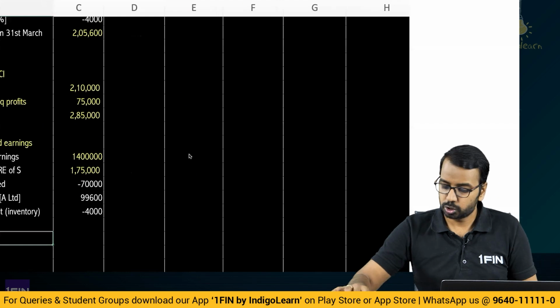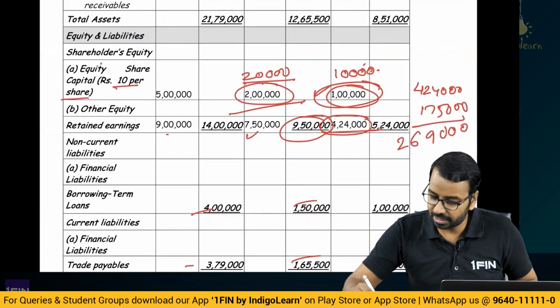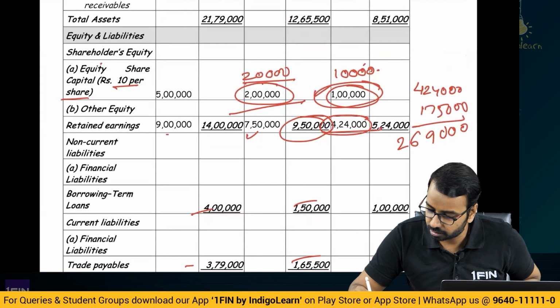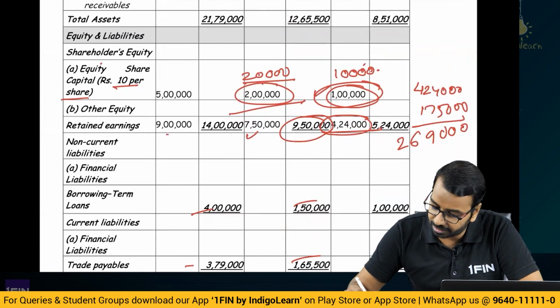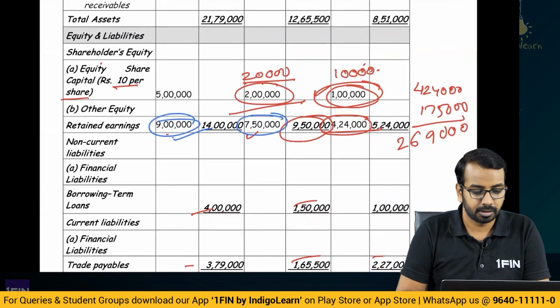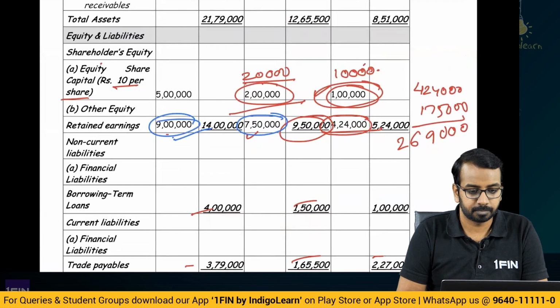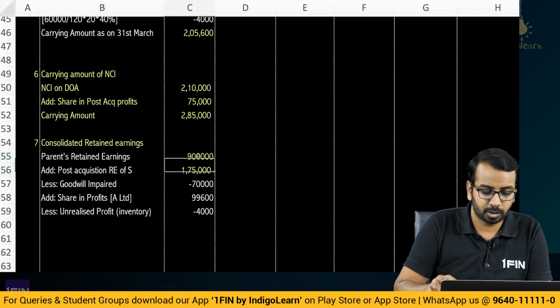So just to cross check, have we taken everything? We have taken the retained earnings of parent, then it is 9 lakhs, the retained earnings is 9 lakhs, I think we have taken 14 lakhs. Yes, this has to be 9 lakhs. Okay.